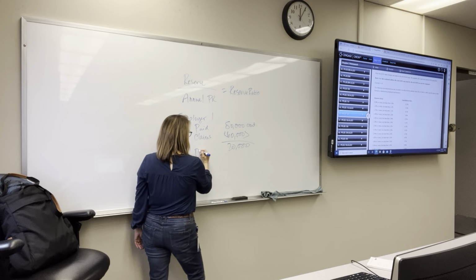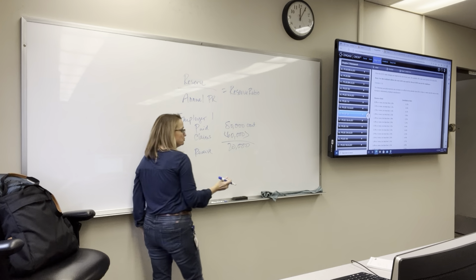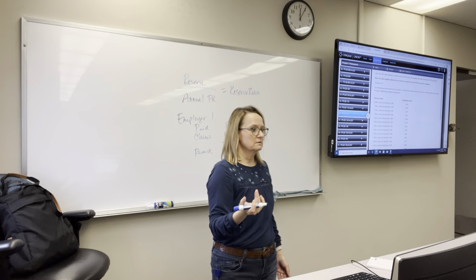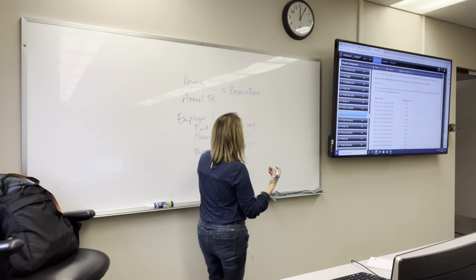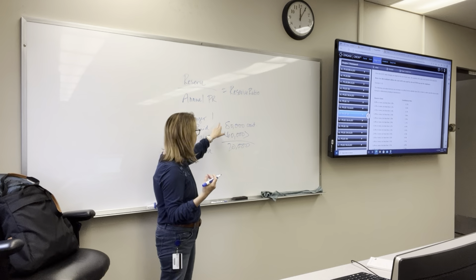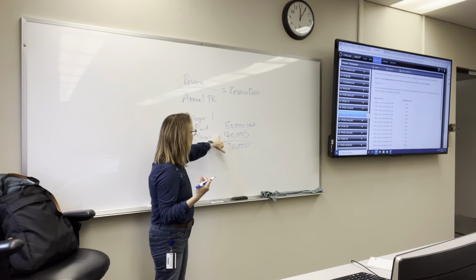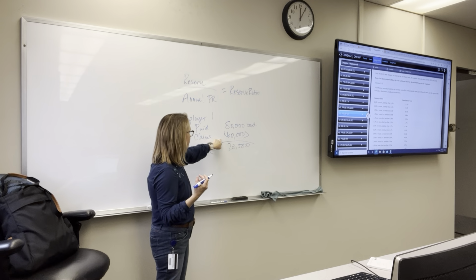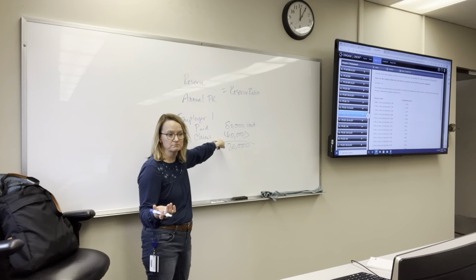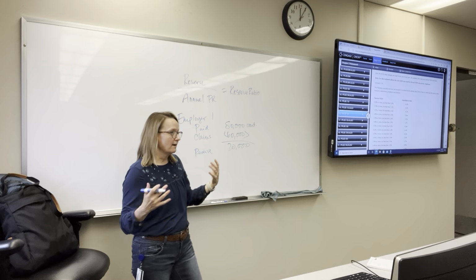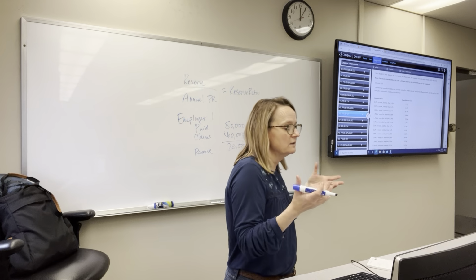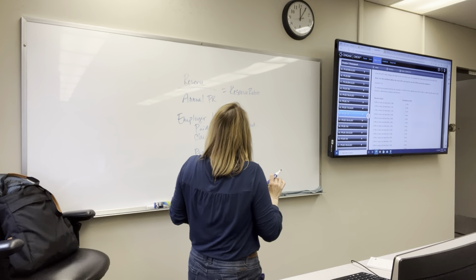Then their reserve is $20,000. Okay, so they get credit for the amounts that they've paid in before. Right now they've got a reserve that is higher than the claims that have been paid, right? So however much is in their reserve, kind of their own little account, right?